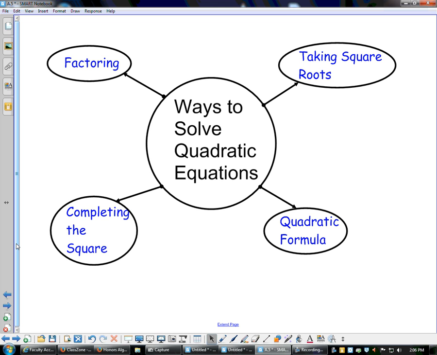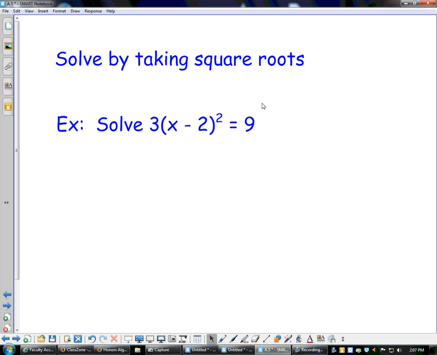All right, let's go back. Let's take a look at solving quadratic equations by taking square roots. If we have an equation like this, 3 times the quantity x minus 2 squared equaling 9, and we want to solve this by taking square roots, we would not want to multiply this all out and say, oh, what's x minus 2 times x minus 2, x squared minus 4x plus 4.